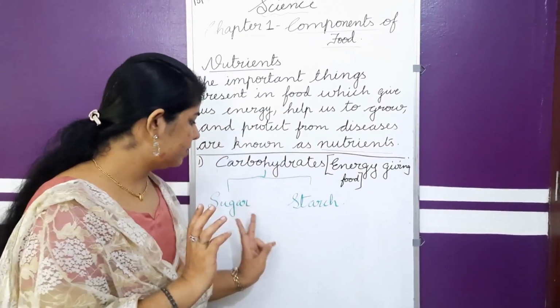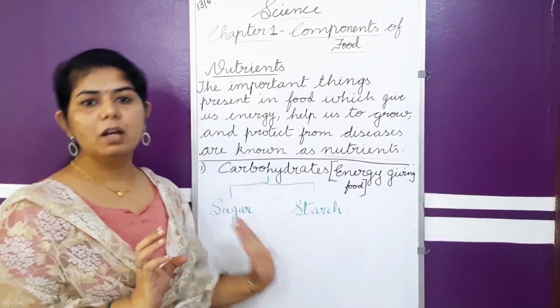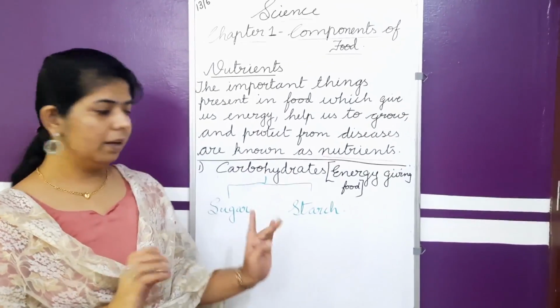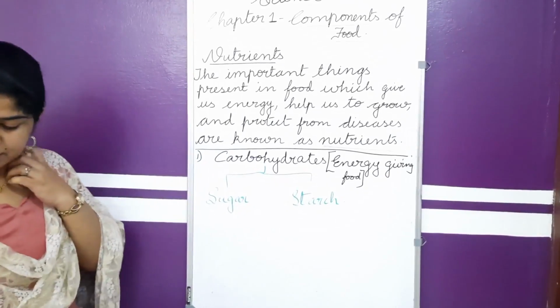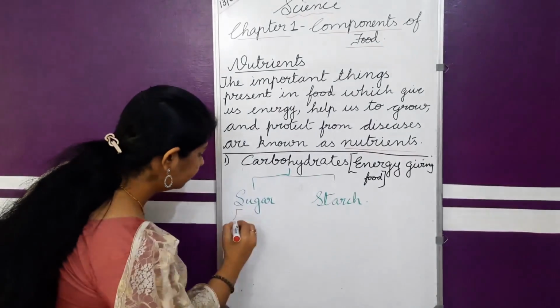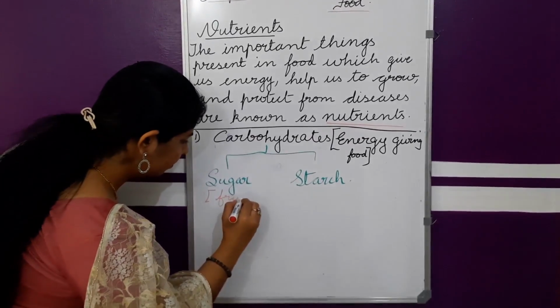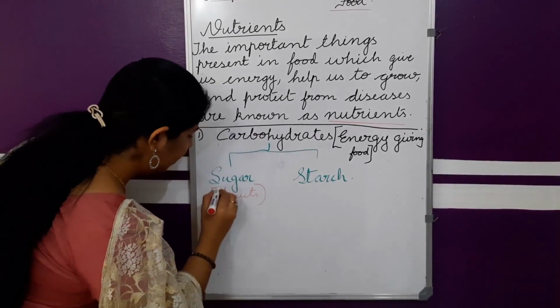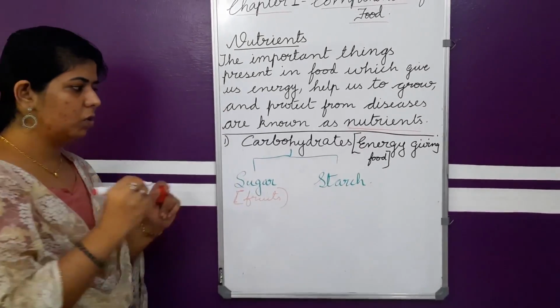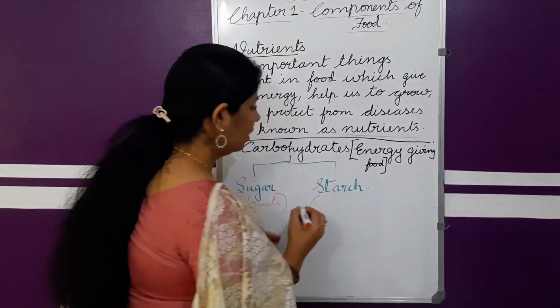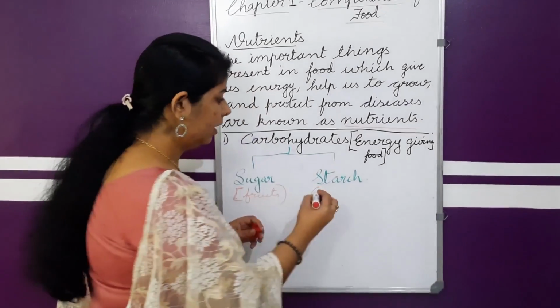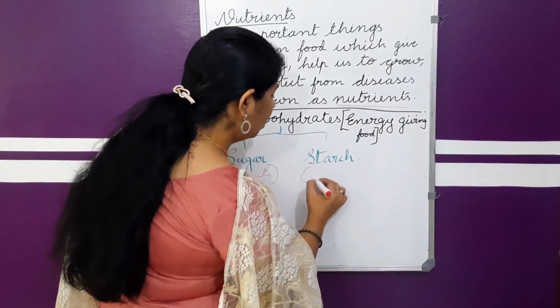But there are two types of carbohydrate, that is starch and sugar. Is it clear? So all the fruits contain sugar, the carbohydrate sugar. And starch, which are the items in that? Starch contains all the cereals.